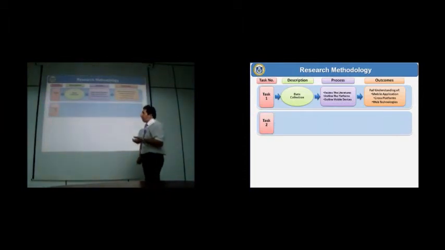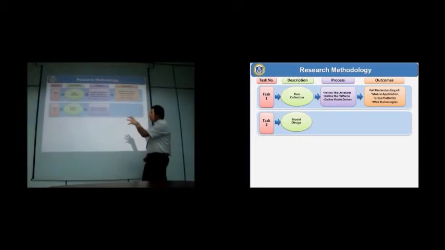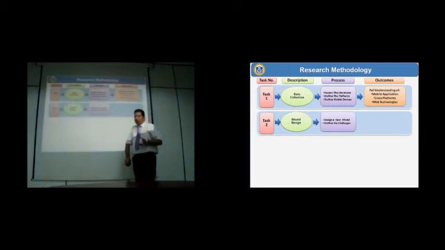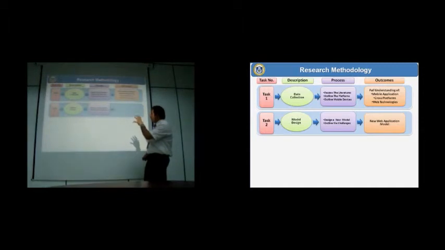The second task is model design, which is to design a new model and outline the challenges that we faced in terms of mobile technology or mobile web applications. The outcome for this task is a new web application model.